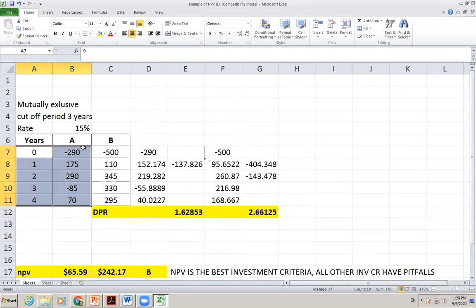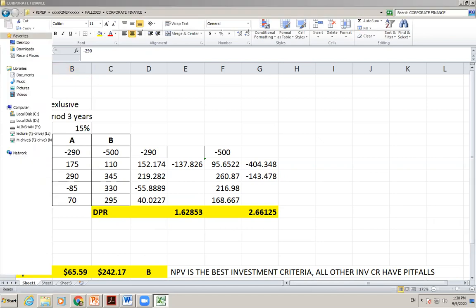So here we have more than one IRR. I'm going to show you how to calculate even two IRRs here later. But when it said different patterns of the cash flow, this is what it meant. Negative cash flow here, negative cash flow here. So this is a very big problem related to IRR. So we cannot accept the IRR as a reliable investment criterion as NPV.